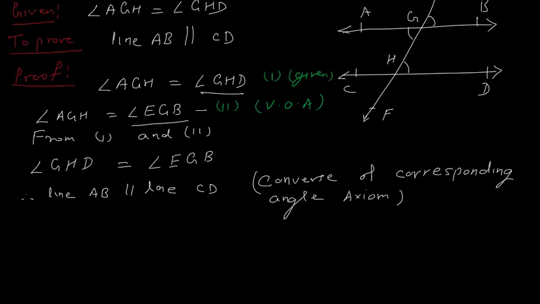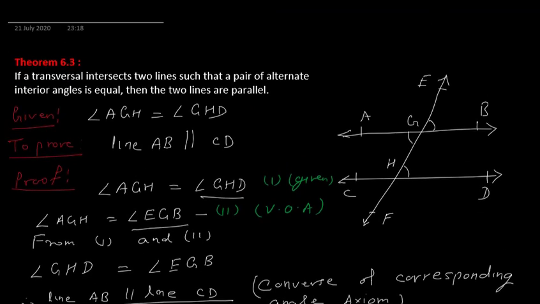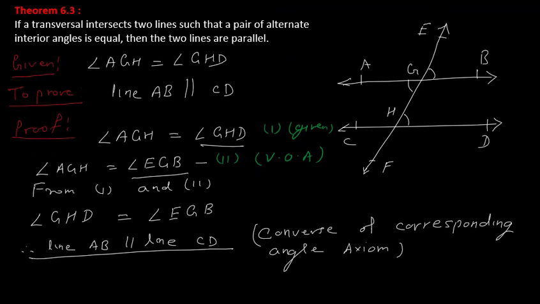Converse of corresponding angle. So by converse of corresponding angle axiom, these two lines are parallel. Line AB is parallel to line CD. Understood? Simple? Yes? Okay.